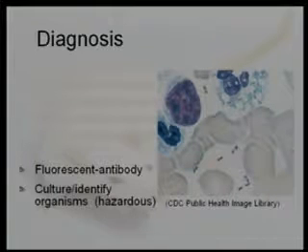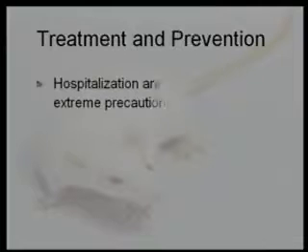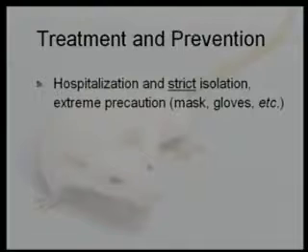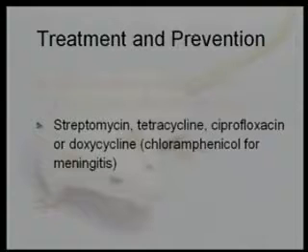Culture identity, when one can culture, but it is hazardous. If one can avoid culturing and diagnose without culturing, that's best, because you're putting lab personnel at risk as well. They have to be especially trained to handle this organism. Treatment: hospitalization and strict isolation, quarantine, extreme precaution, mask, gloves, etc. Streptomycin, tetracycline, ciprofloxacin, or doxycycline are the antibiotics that are used.